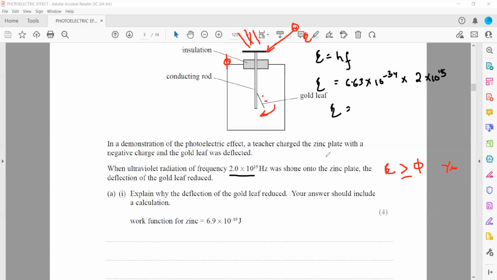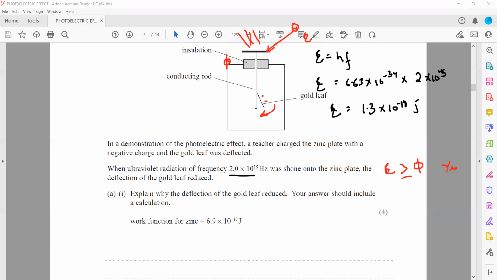So when we multiply these two factors, we will get the energy of the incident light, which is 1.3 into 10 power minus 18 joules. That is the energy. So we got the energy.